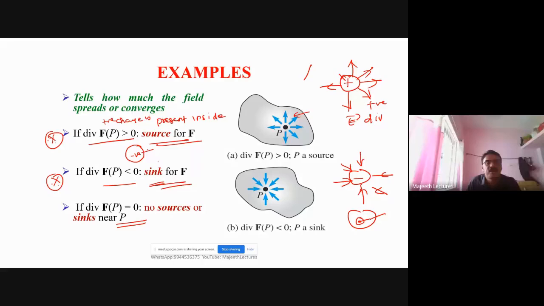There is a source. This is very, very important. That electric charge is present, meaning positive is present, right? So that is the meaning. If they give the Gaussian surface, all the fields go towards that. It is acting as a sink. This sphere is acting as a sink.